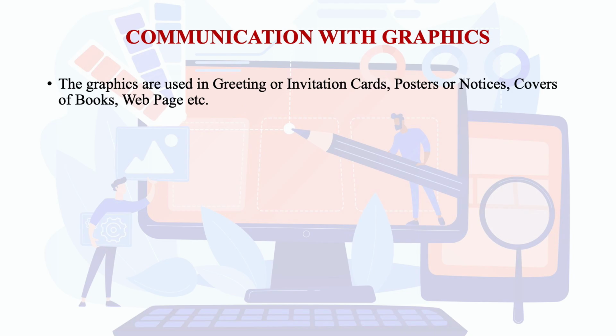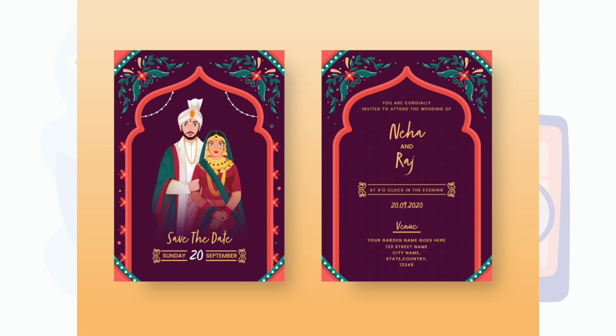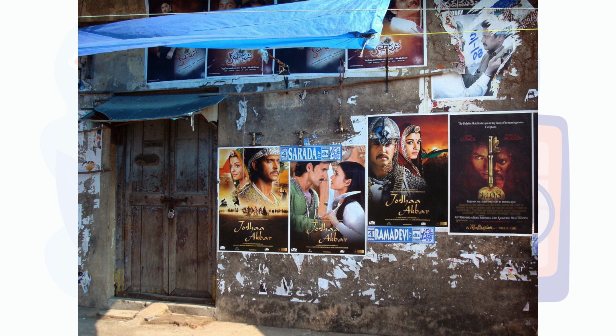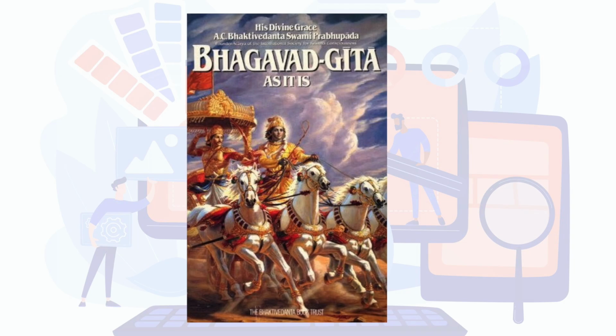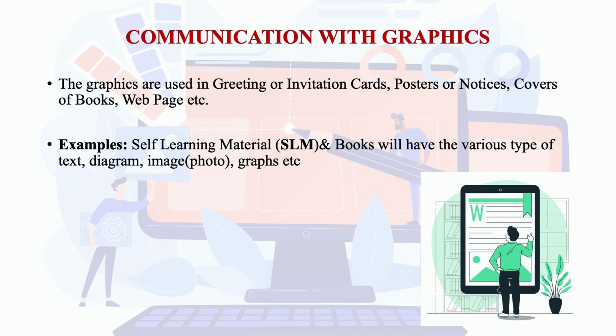The graphics are used in greetings or invitation cards, posters or notices, book covers, web pages, etc. Examples: self-learning materials, SLM, and books will have various types of text, image, diagram, photo, graphics, etc. What are the examples in web pages?